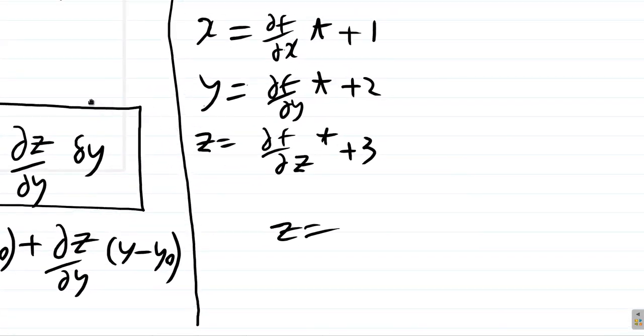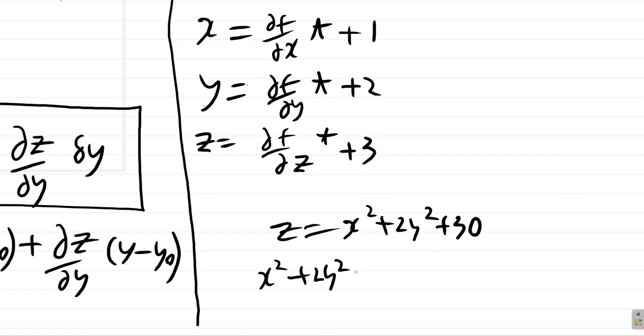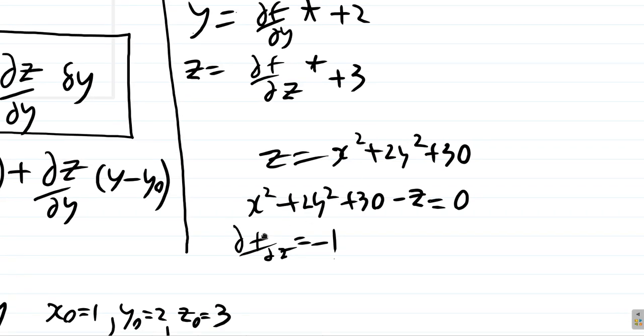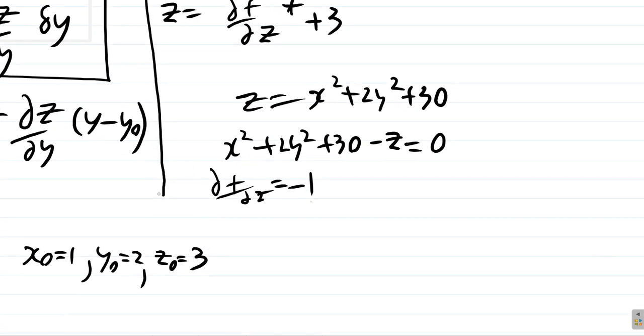X squared plus 2y squared plus 30. If you rewrite it as x squared plus 2y squared plus 30 minus z equal 0, then delta of the function by delta z would be, what would it be? Negative 1. Alright? So, that's delta f by delta z.